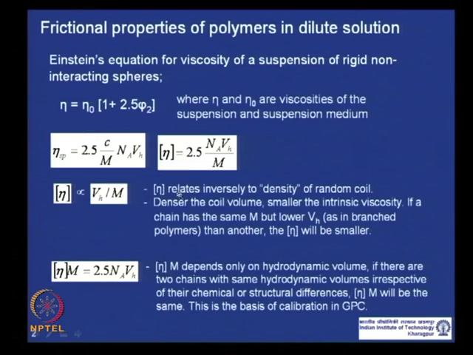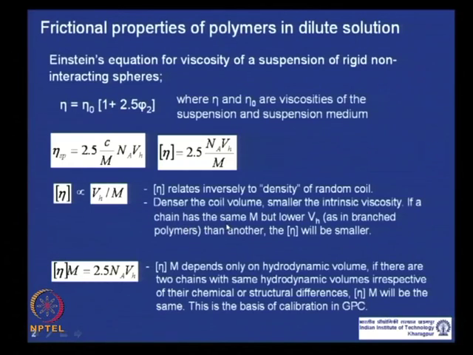That means intrinsic viscosity is inversely related to the density of the random coil. So, the denser the coil, the smaller the intrinsic viscosity, as we have been discussing earlier: if the coil becomes more dense, the size is smaller and the intrinsic viscosity is smaller for the same molecular weight.